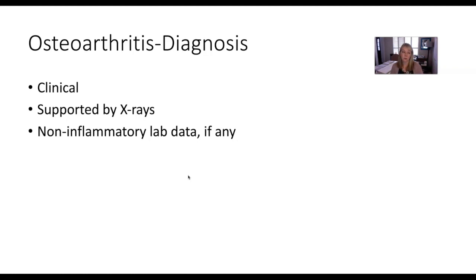You can get an x-ray and it'll show degeneration. Now, when I say bilateral, yes, rheumatoid arthritis will be bilateral. Osteoarthritis can be also, but when you get the x-ray, it's going to appear different. You're going to have more inflammatory issues going on in the x-ray versus degeneration of the joint.